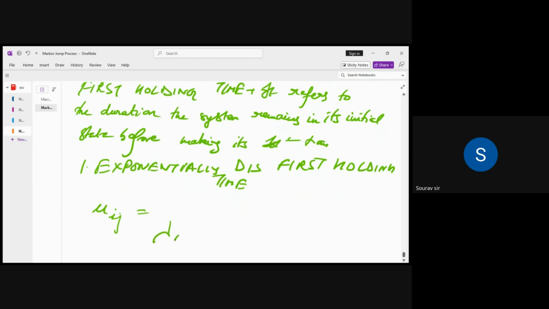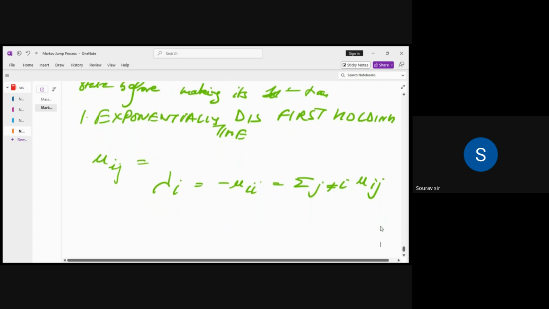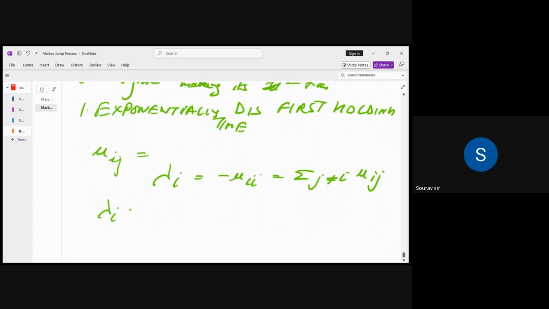So here lambda_i will be what? Lambda_i is equal to minus mu_ii, which is equal to the summation over j not equal to i of mu_ij. So that means lambda_i is the rate at which transition occurs out of state i. And what is this rate?